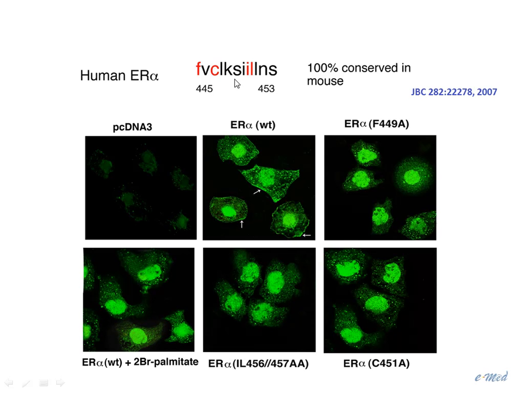Just to give you an example, here's a wild-type estrogen receptor. If you express this in a cell, you get dense nuclear ER alpha, you get plasma membrane localization shown in white, and you get this cytoplasmic pool stippled throughout the cytoplasm. But if you mutate, for instance, the cysteine, the point mutant, you lose only membrane estrogen receptor localization and function.